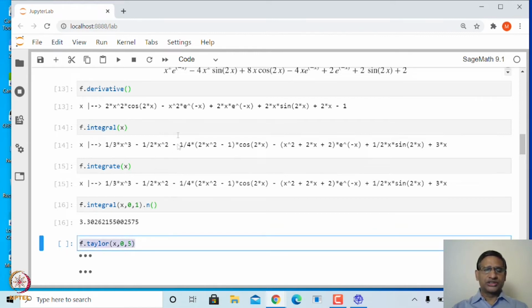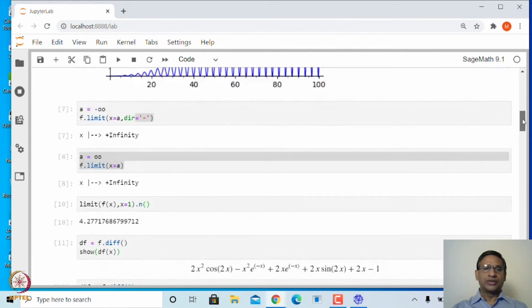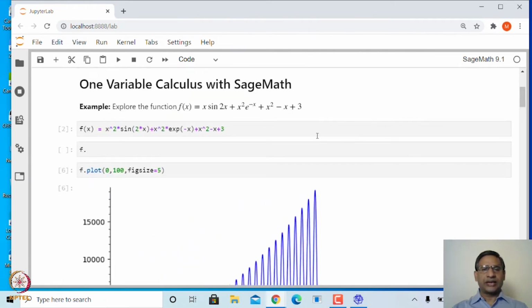Of course, all these concepts we will do in detail, but what I am trying to tell you is that once you define a function and then apply f dot tab, then you have the option to find the limit, to find the derivative, to find the integral, to find the Taylor series expansion. All these things exist, and we will see them in more detail.